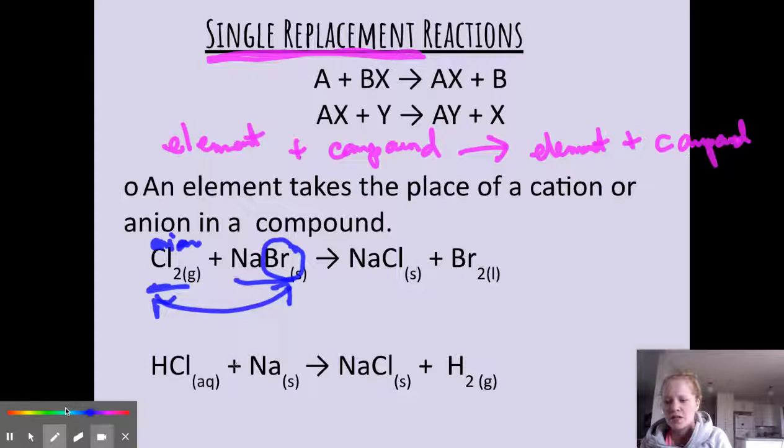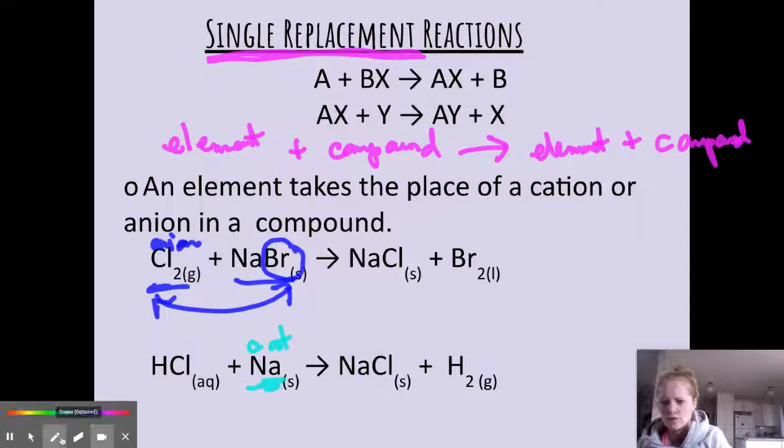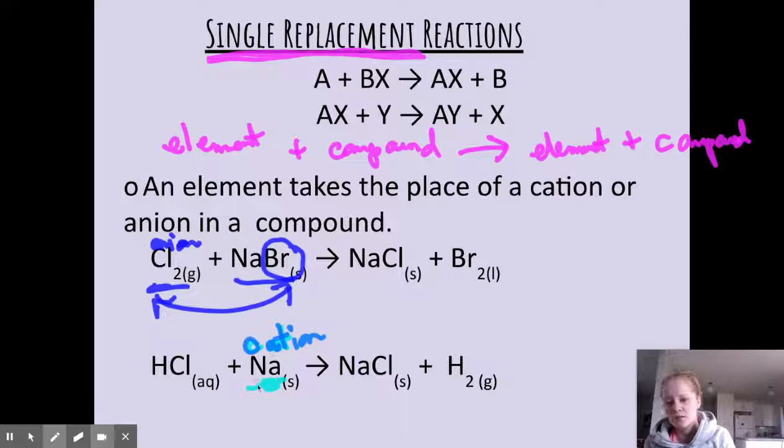In the following example, our element on its lonesome is sodium. Sodium has a charge of +1, so this is a cation. Ooh, that does not show up very nice, does it? Go more blue again. Our cation is going to switch with the cation of the compound. Remember, our cations are always written first in our ionic compounds.